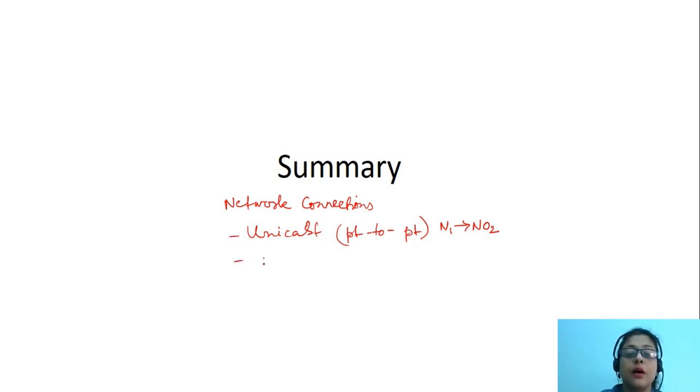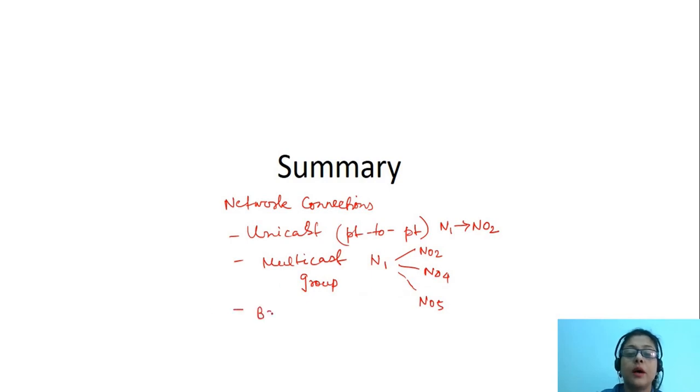And we have learned about multicast, where a single node can send data to a group of nodes, like let's say NO2, NO4 and NO5 out of, let's say, 10 nodes. So basically, this multicast address consists of a group address where all these nodes belong.